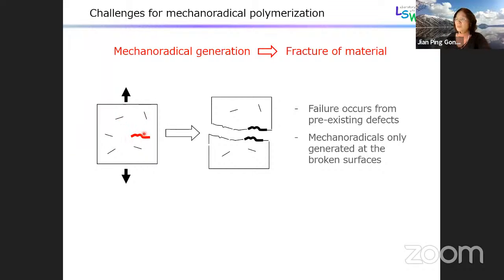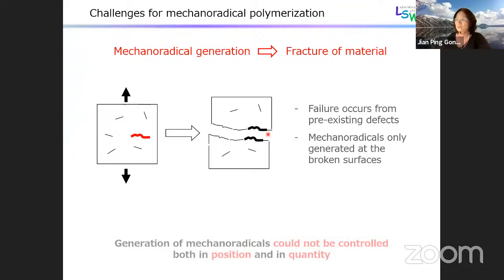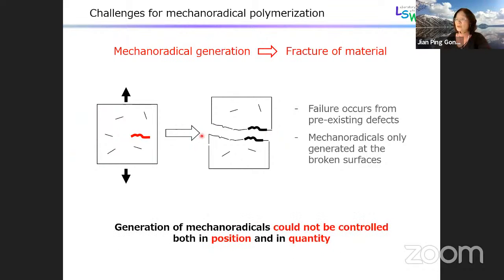And for common brittle materials, once a crack starts to propagate, it will propagate catastrophically, and as a result, all the mechanoradicals are only generated at the broken surface of the material. So we cannot control this. If we cannot control this, that means we cannot use these mechanoradicals to remodel the materials.